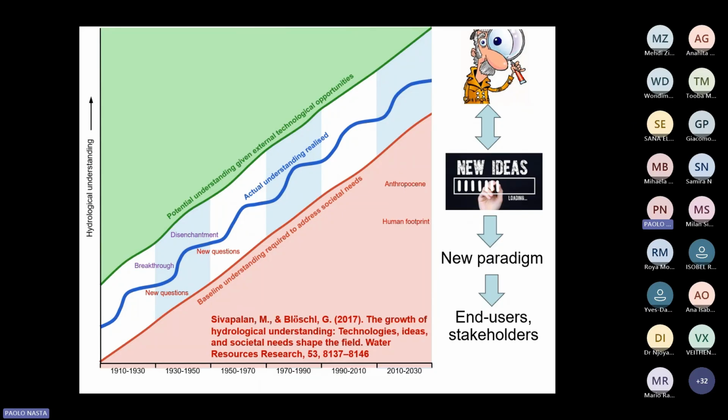I took this figure from the publication of Sivapalan and Blöschl in 2017, and slightly modified this very nice figure just to present our framework, on how to gain hydrological understanding throughout the history of hydrology.